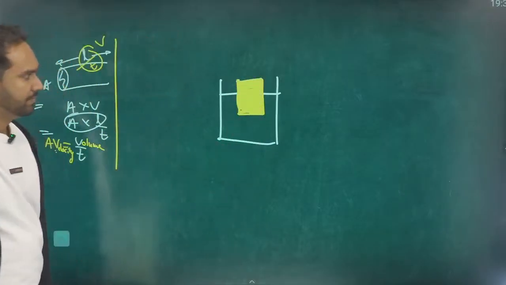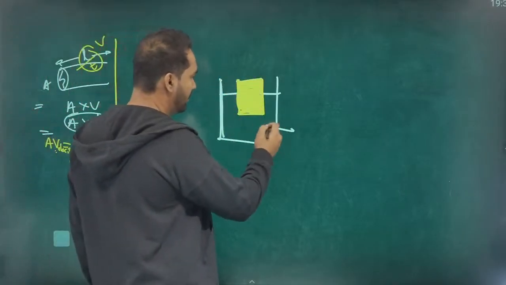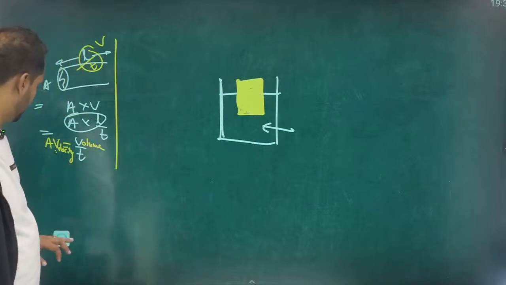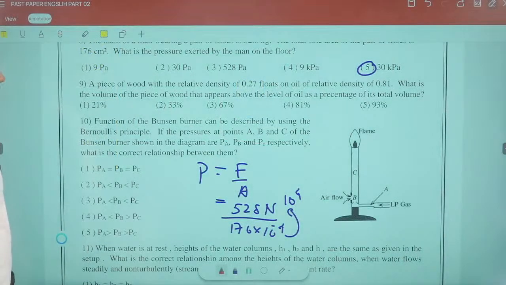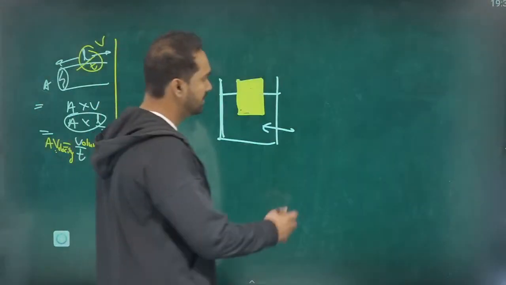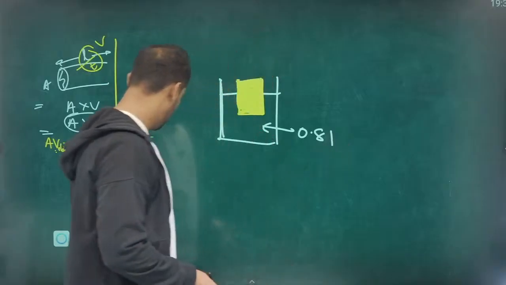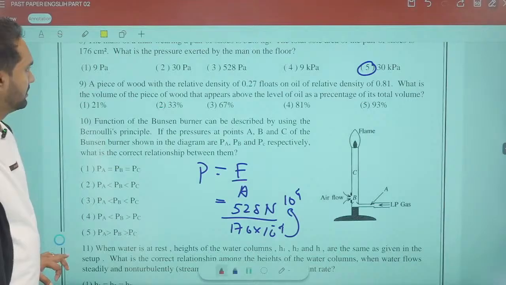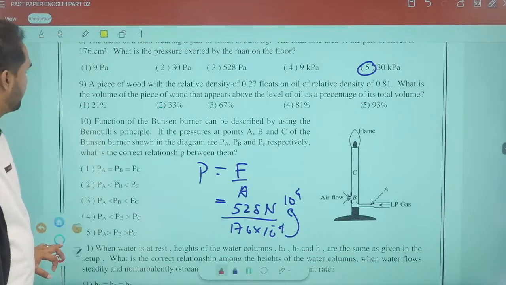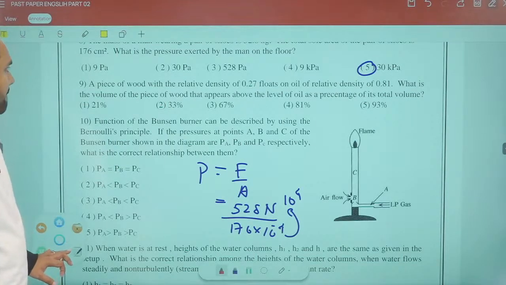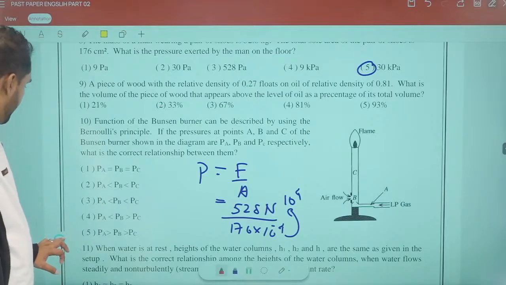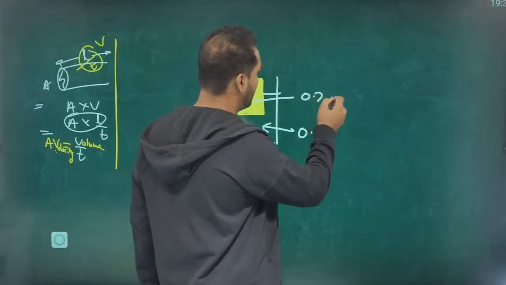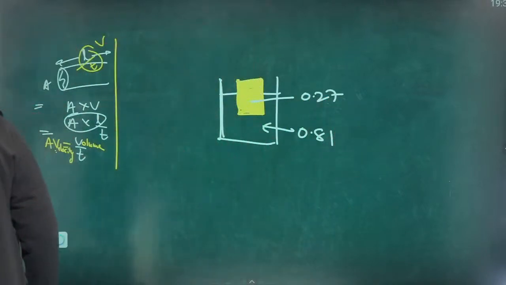The relative density of the liquid is 0.81, and the relative density of the wood is 0.27. That's what the question says.